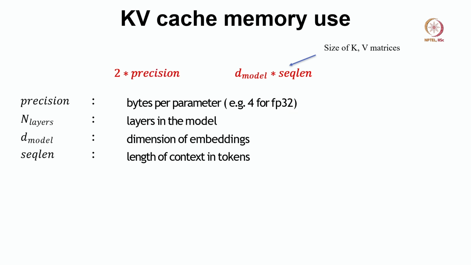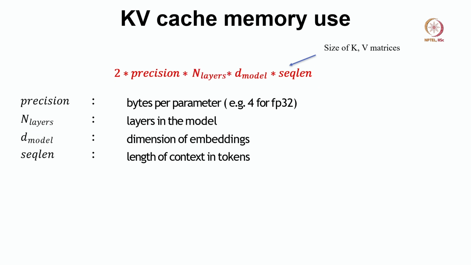Remember, we don't have just one layer in the large language model or the transformer. We have a total of n layers. So this whole amount of bytes has to be stored for each layer, and if the total number of layers is n layers, then the total memory requirement will be this expression multiplied by n layers.